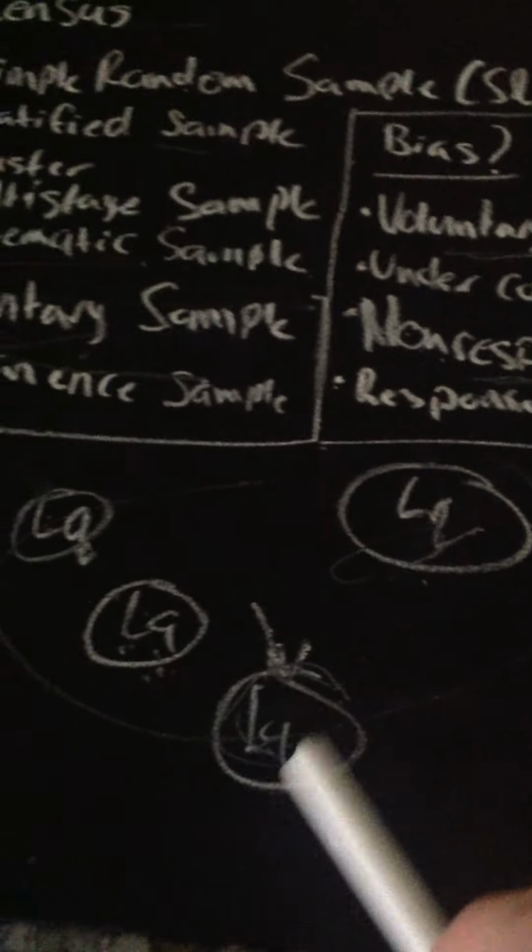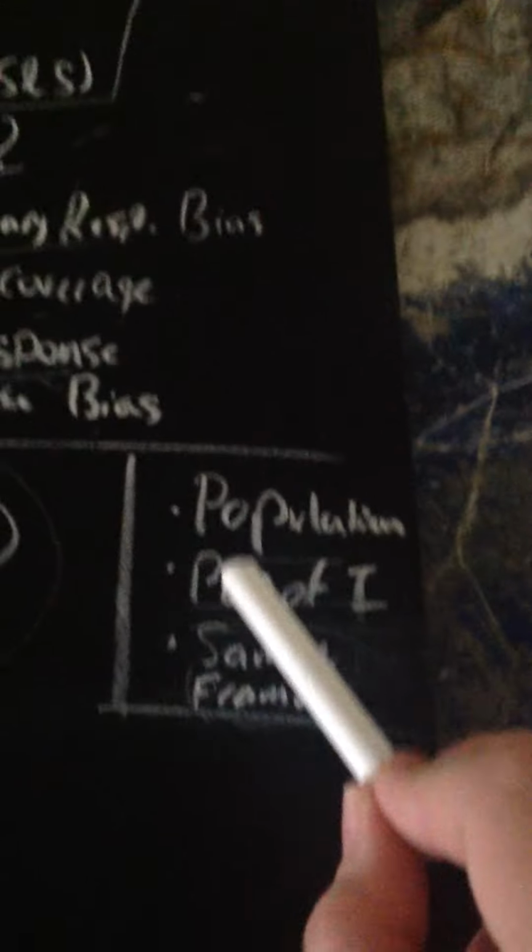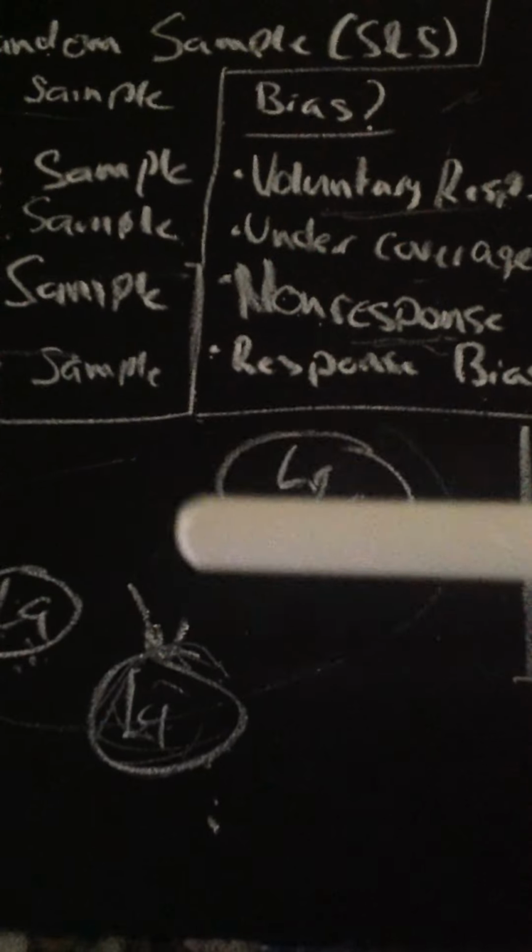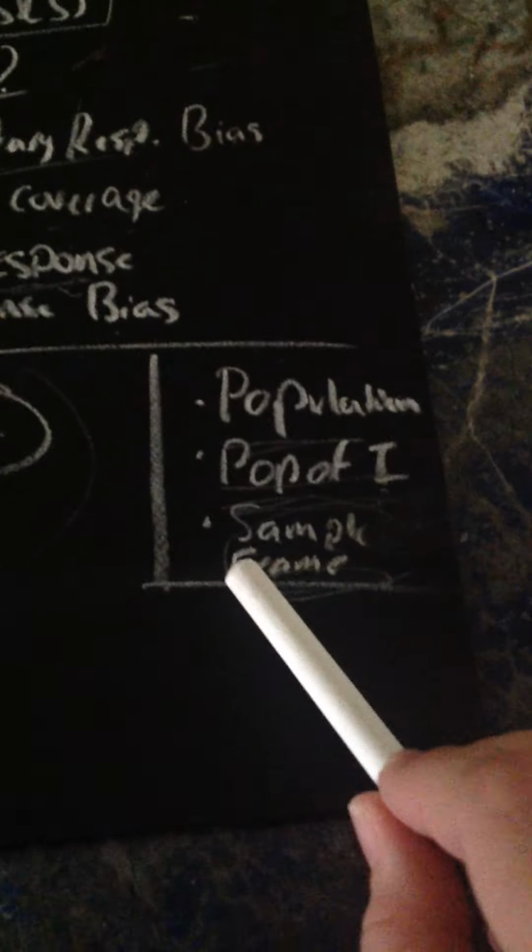Say it's a cluster sample, the sample frame is all the customers at this one. The sample frame is who you asked. So remember, population is who is this representing? Population of interest is what is the response you're looking for, how many people gave you that response? And the sample frame is simply who you asked.